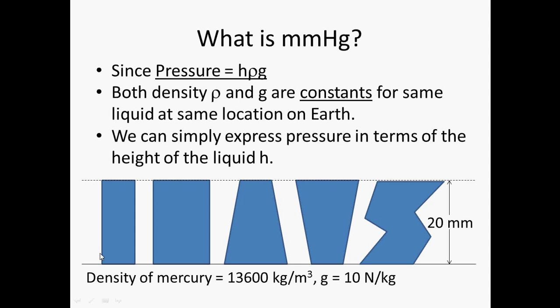That means that we can ignore the information about the density, let's say this is mercury, and g, because these two are constant for all the locations that we are taking the reading of the pressure. So in other words, the pressure in this case can be expressed simply as 20 millimeters of mercury or 20 mmHg.